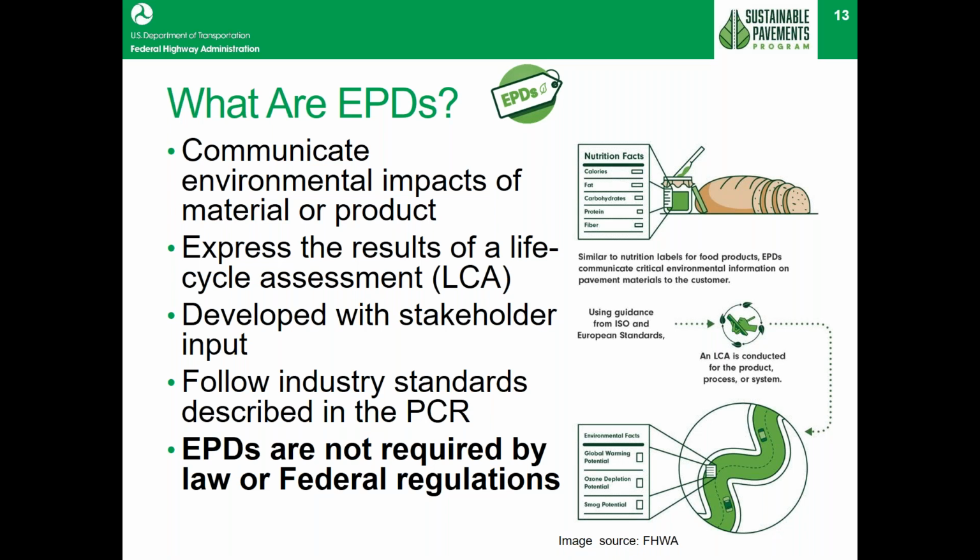It's a summary table of a lot of complex analysis that's been carefully thought out ahead of time, with a good deal of stakeholder input, and following a set of consensus-based rules called product category rules. But they ultimately provide a transparent and consistent way of assessing particular environmental impacts of interest.